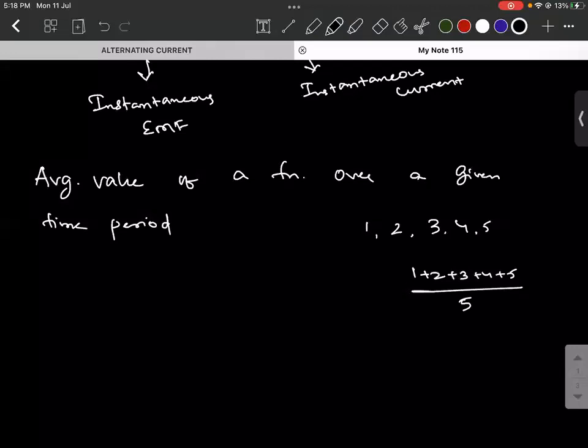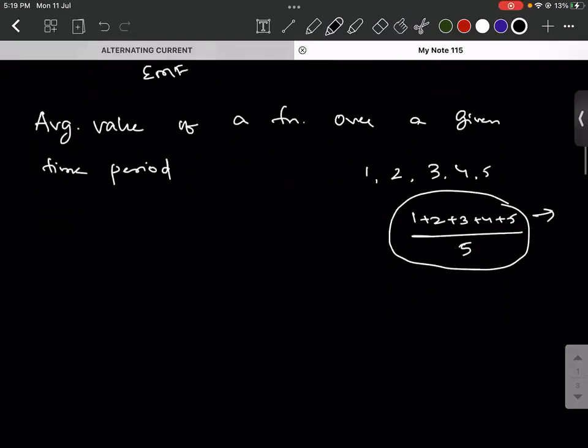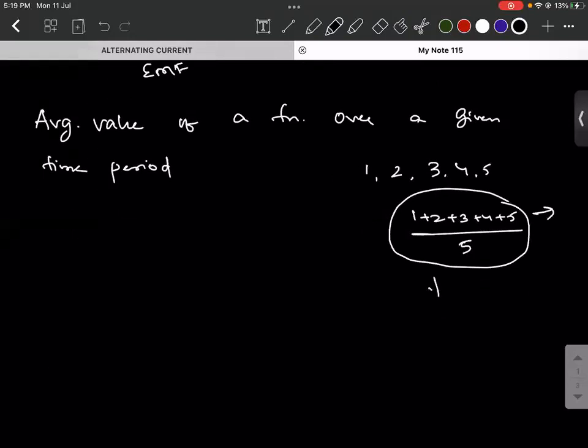That is applicable when you calculate for discrete values. Whereas functions are basically continuous in nature. For continuous values, you cannot go with just adding the values. Rather, you need to go with calculus.